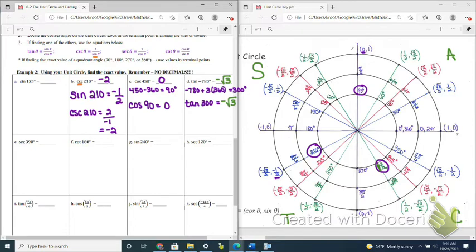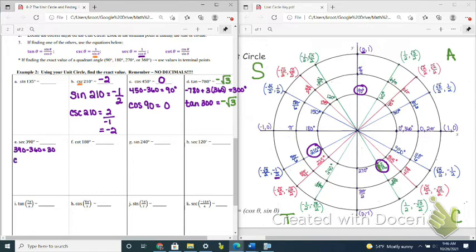So let's look at E, which is secant of 390. So first thing I do is take 390, subtract 360. So I get 30 degrees. Then I look up here, secant goes along with the cosine.